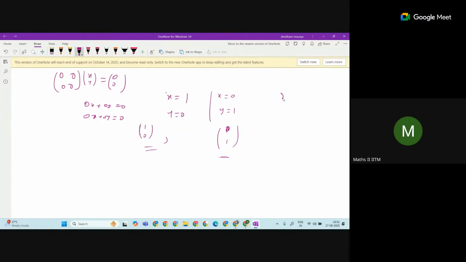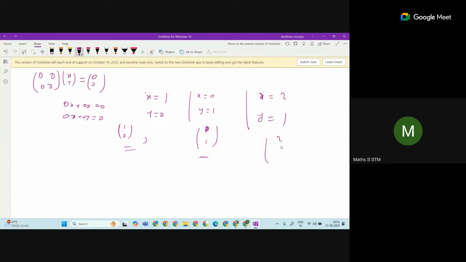Somebody says, why not give x equal to 2? I can give x equal to 2 and y equal to 1, so you get a vector 2 1. I can also give x equal to minus 1 and y equal to 0, so minus 1 and 0.